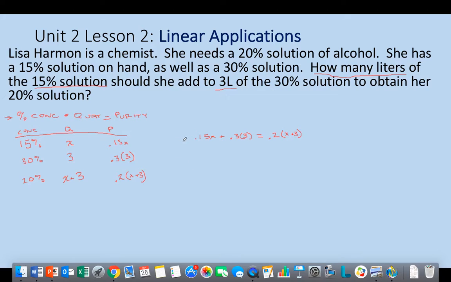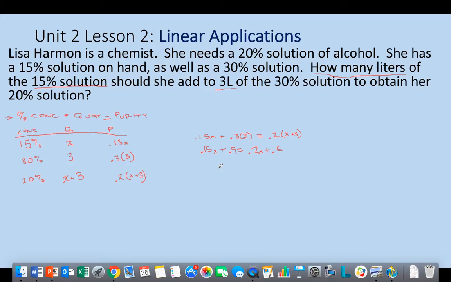All right, now that that's all set up, I'm just going to go ahead and solve for x. And again, this is not really the tough part anymore for us. We'll just say 0.15x plus 0.9 is equal to 0.2x plus 0.6. We'll start combining like terms.